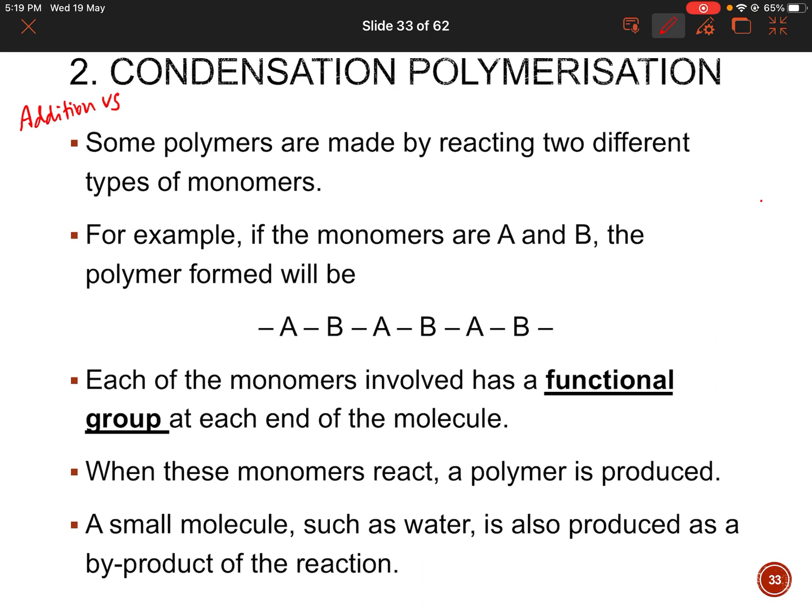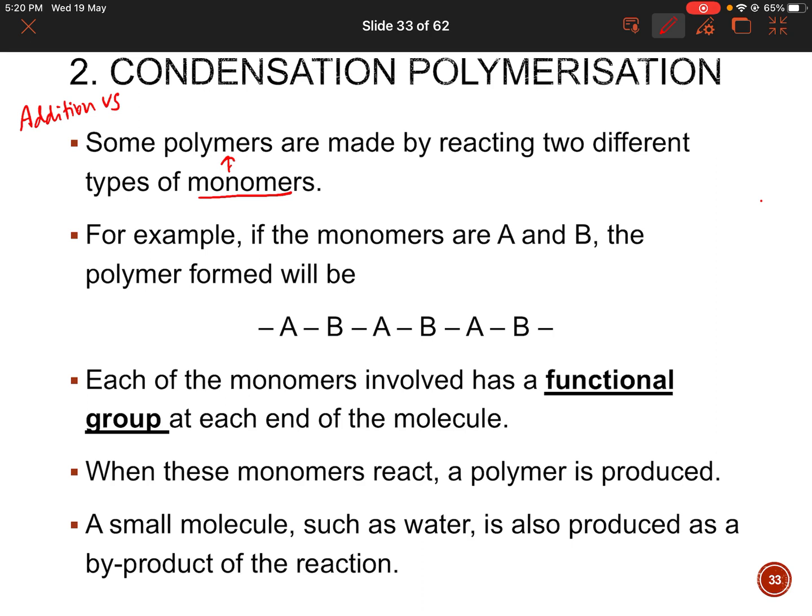Now, for condensation polymerization, once again, you have monomers that come together and form bonds to form polymers. If you have two different types of monomers, they will bond together to form a long chain of polymer in this fashion, AB. There'll be a pattern of one then the other, one then the other.